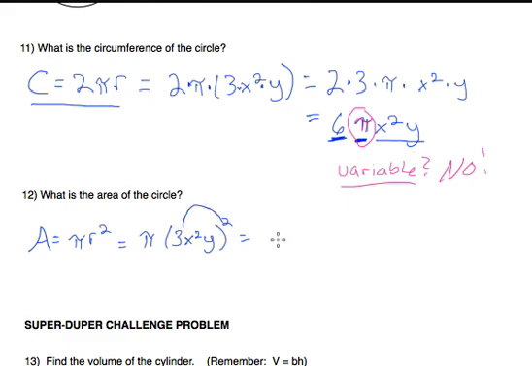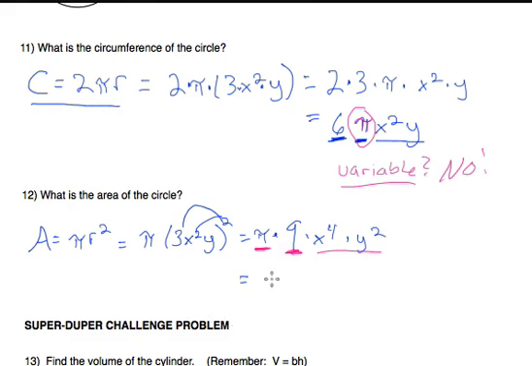3 raised to the second power, well, let's write the pi here, pi times 3 raised to the second power is 9. X raised to the second power is x to the 2 times 2, which is x to the 4th. And then what is y raised to the second power? That's just y squared. What comes first when we have to simplify this? Our coefficient comes first, then our constants, then our variables.